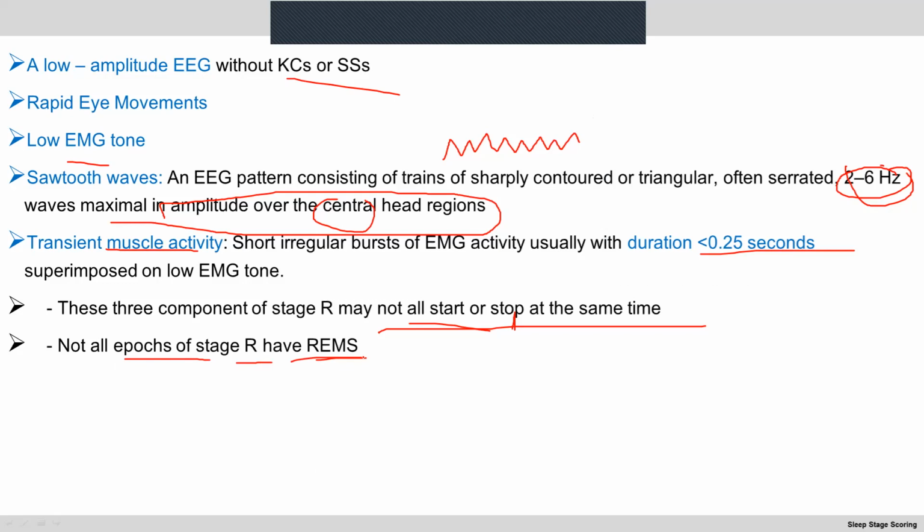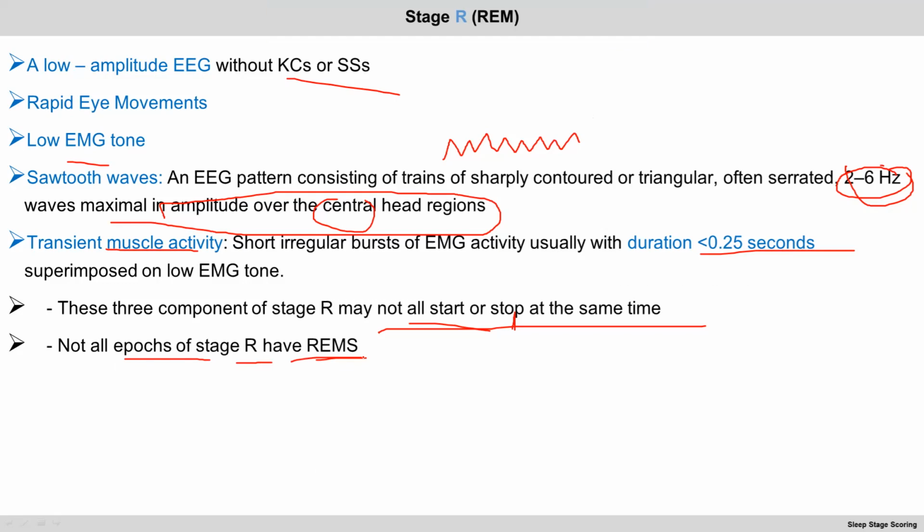So rapid eye movements may not be present in all epochs of stage R. They may be present in phasic activity. I think 95% of the time in a REM period there is no eye movement. Phasic activity is only present during 5% of the total REM sleep.